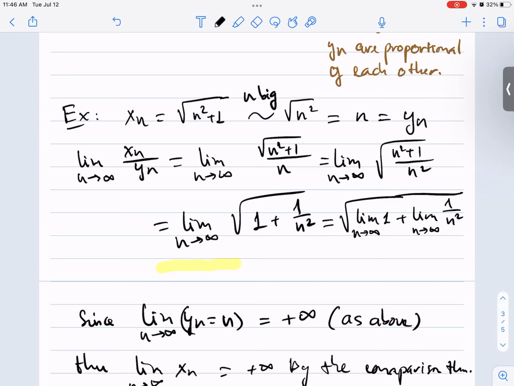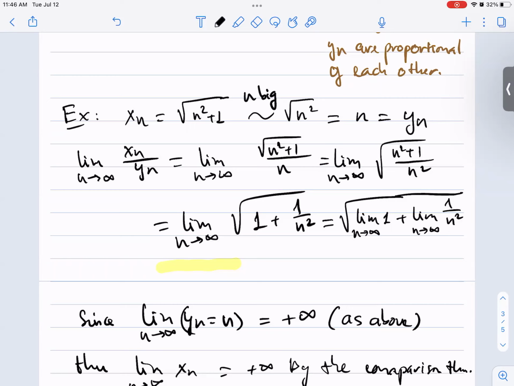Now, applying the compatibility theorem we established in the previous section, we can interchange the limit operation with the square root operation and also the addition operation.